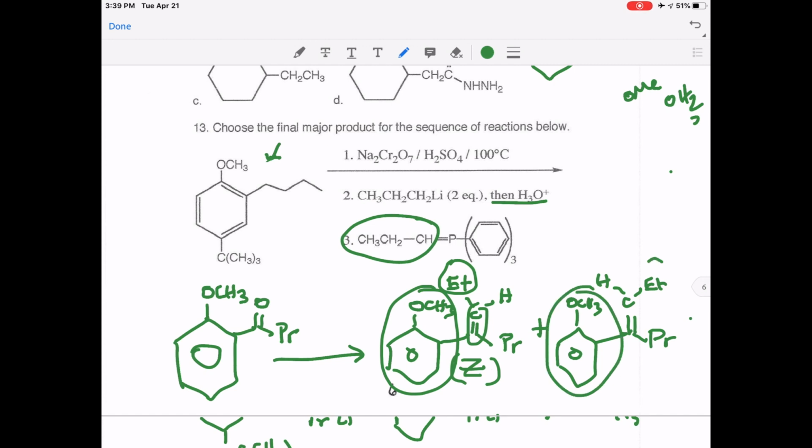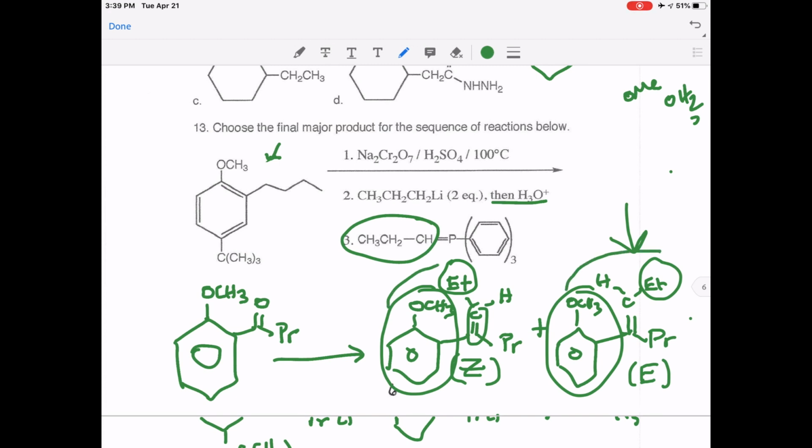If we compare these two groups here, we find that they're on opposite sides. They're not on the same side of that double bond. So that gives us the E configuration. And the Wittig reaction chooses this as the major final product because if you compare the E and Z configurations, these two groups are far apart from each other compared to the groups in the Z configuration.